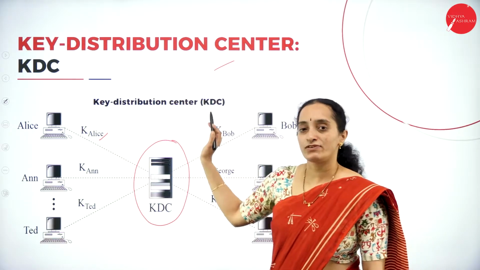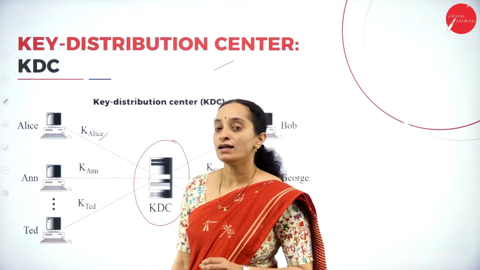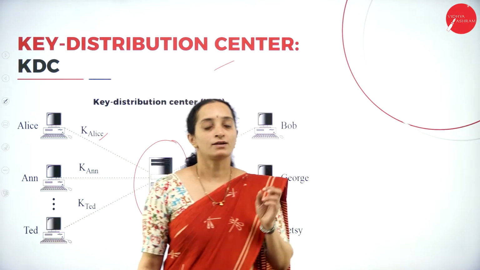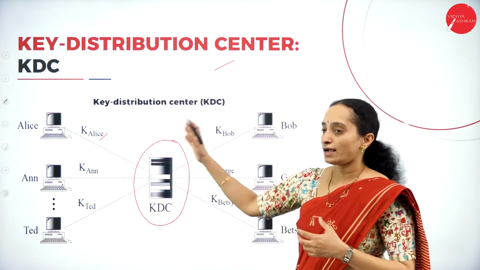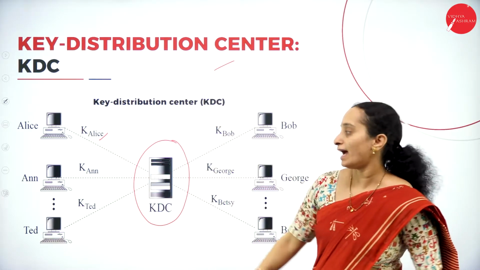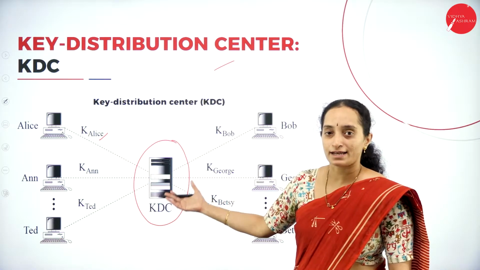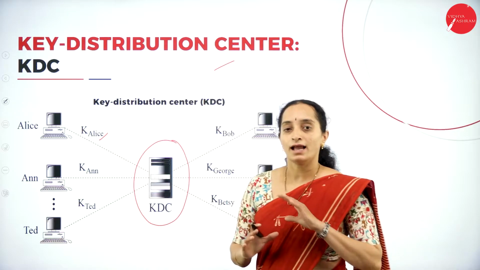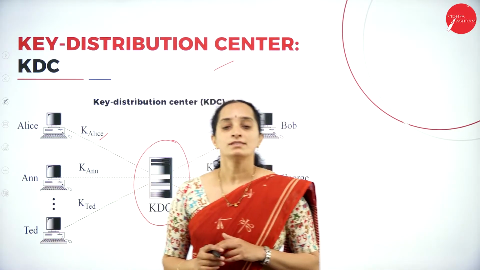Like this, we will have secret keys with every sender and receiver. Whenever a sender wants to send a message to the receiver, they can't do it directly. They have to establish a connection with the KDC, between the KDC and the sender and the receiver. Then they have to send the message.